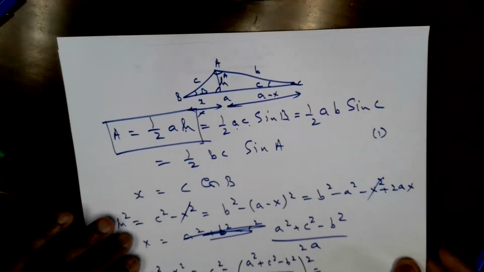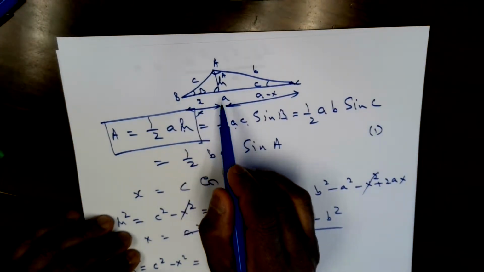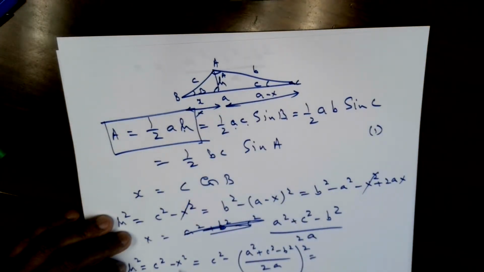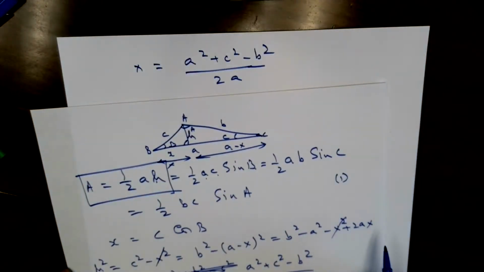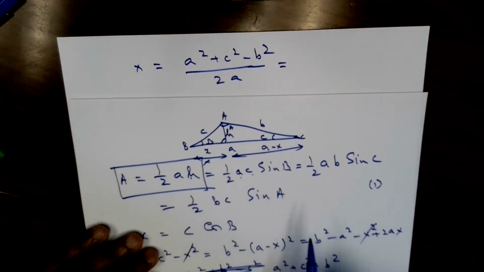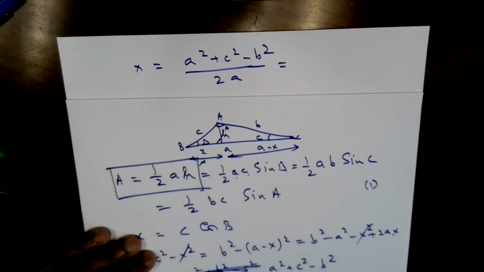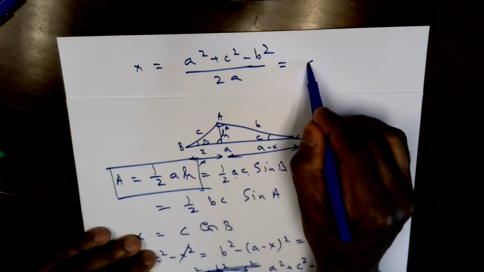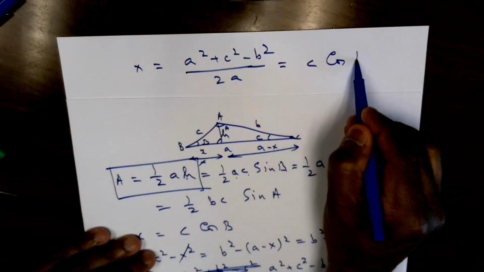So I'm referring to this x. So we already have it here. x was a squared plus c squared minus b squared over 2a. But this is also equal to, if you look at the triangle, x is equal to c cos B.